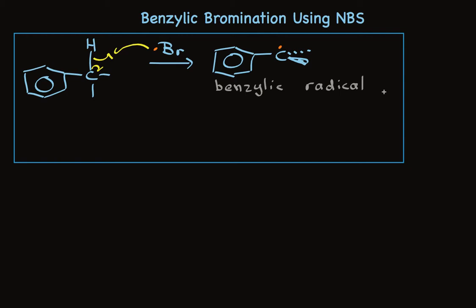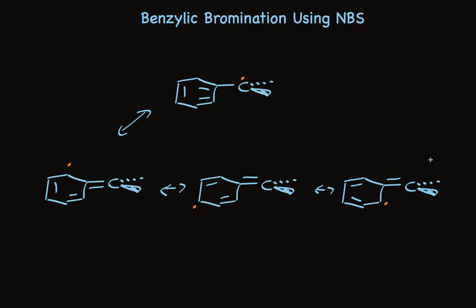We can account for this in terms of our resonance theory or MO theory. Let's look at the resonance explanation first, because it's very common. Once this benzylic radical is formed, it's actually resonance stabilized by interacting with the aromatic ring. We can use our arrow pushing to track formation of one resonance structure and another and another. When these guys pair to form the double bond of this resonance structure, it leaves a lone electron on this carbon up on top.